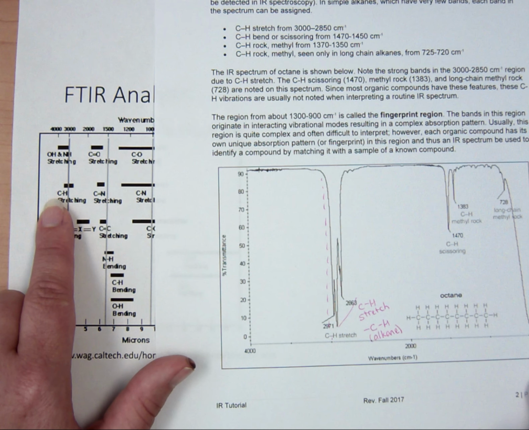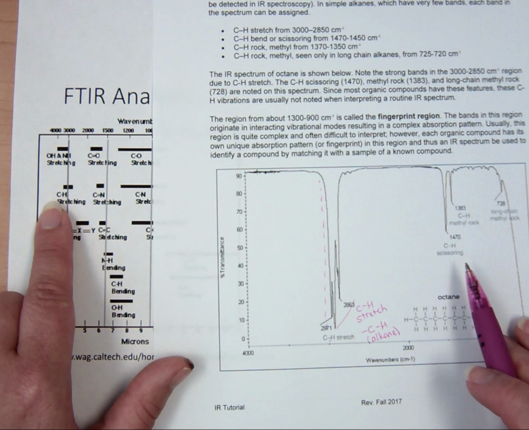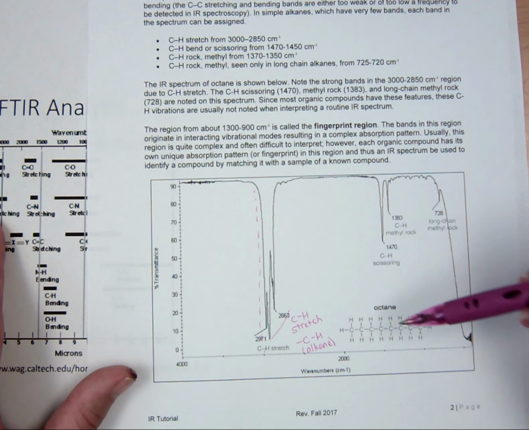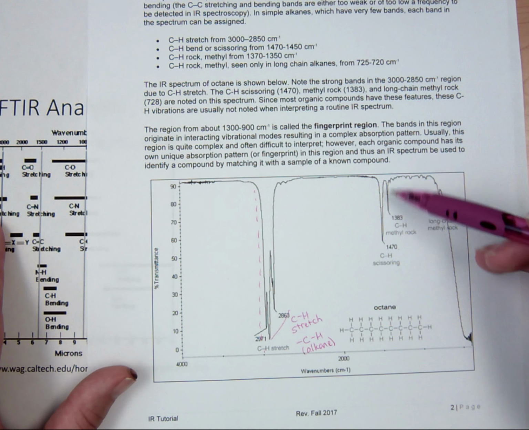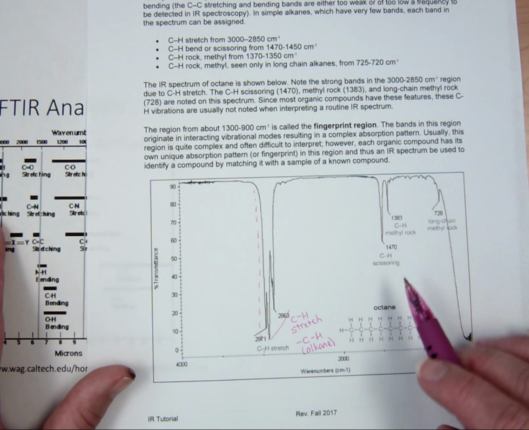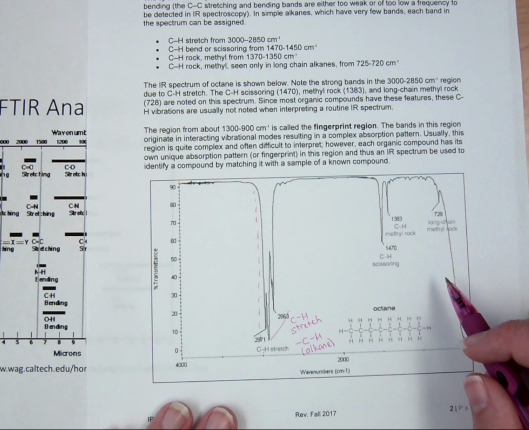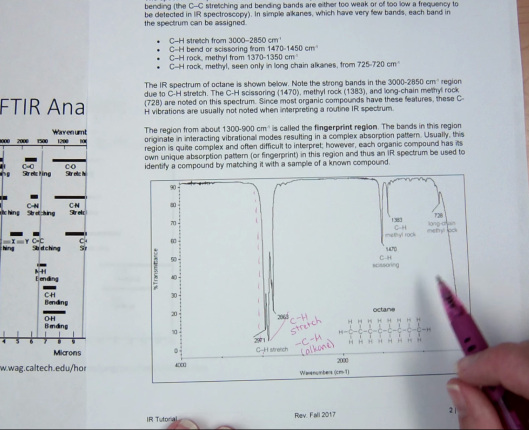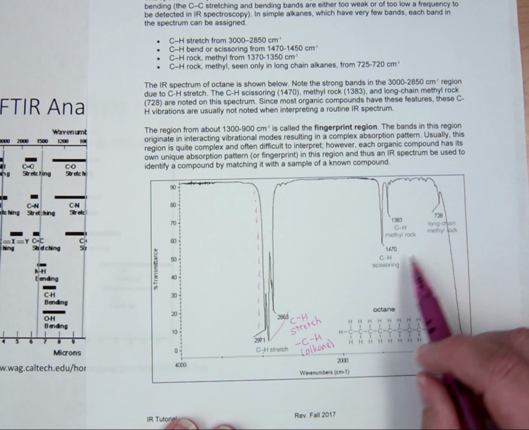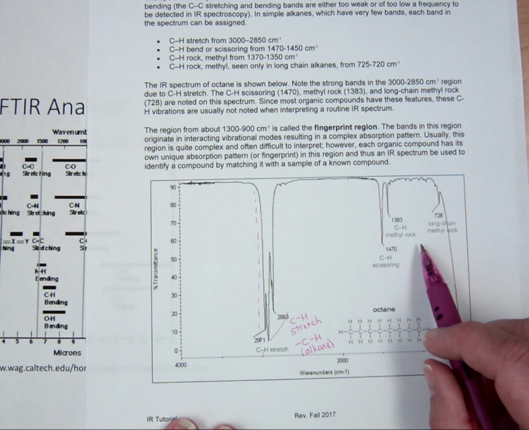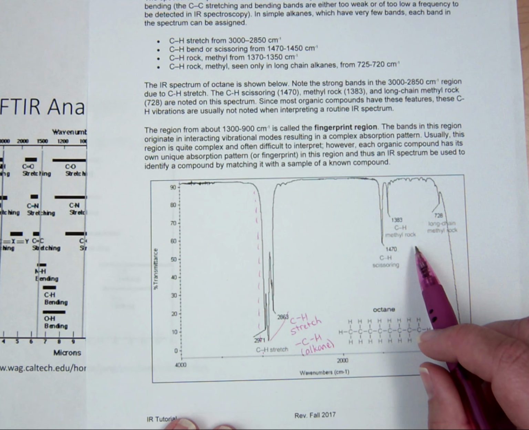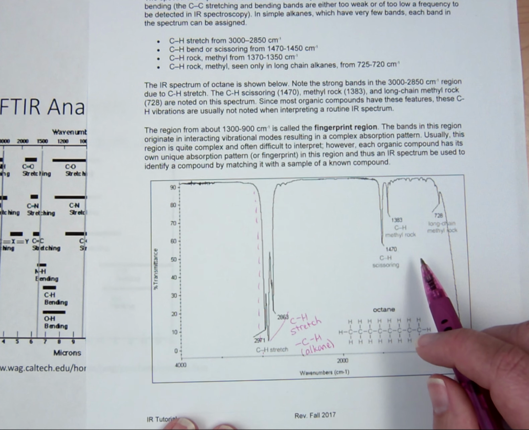Okay. And to confirm this, I would go looking for other spots. Anything less than about 1500 or 1000 is really starting to be what's known as the fingerprint region. In this region, you get a lot more information about specifically how different functional groups are connected to each other.